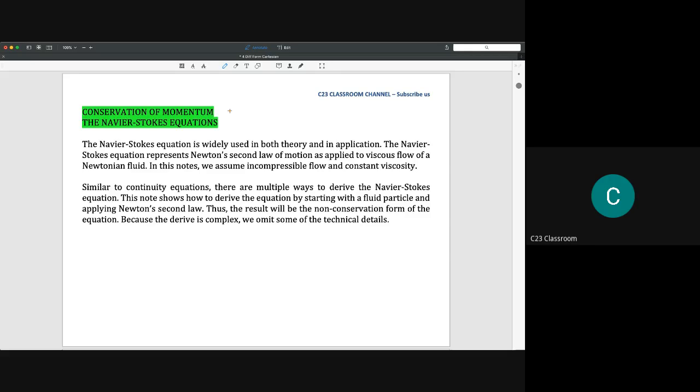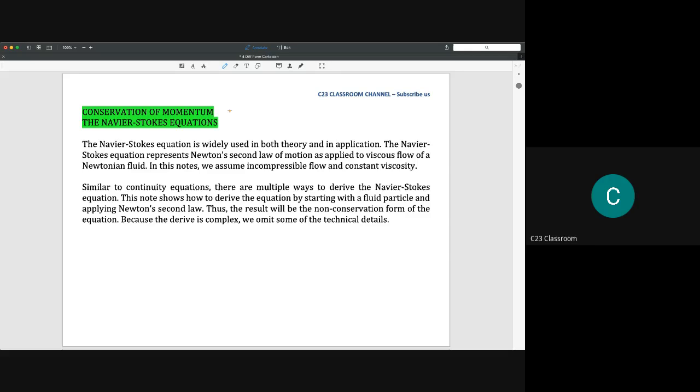Now we are trying to derive an equation to solve problems for moving fluid, because continuity is one equation that could help us solve that, but the continuity equation is not derived from the idea of force.